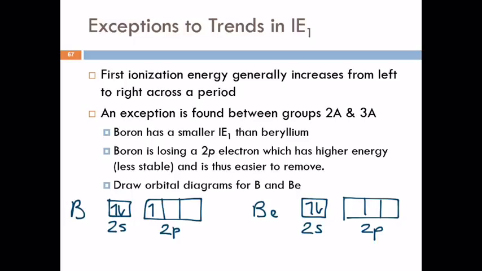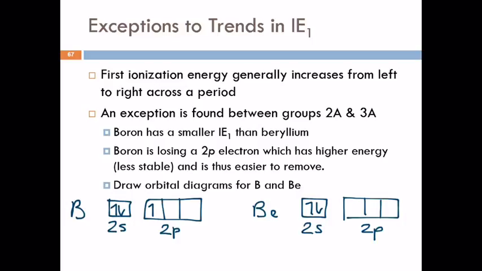If we're going to ionize beryllium or boron, we're going to do so by removing an electron. For boron, we're removing this 2p electron. The 2p sublevel is a little bit higher in energy than the 2s sublevel, and so this electron is easier to remove than the 2s electron from beryllium.